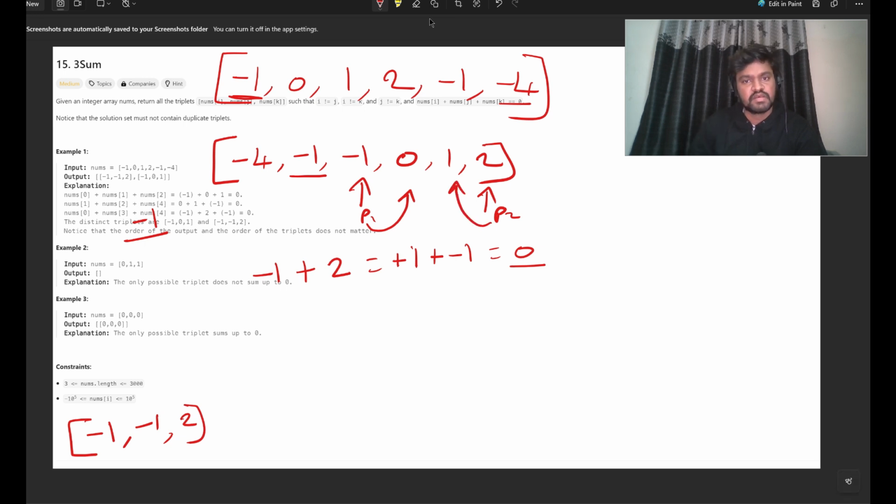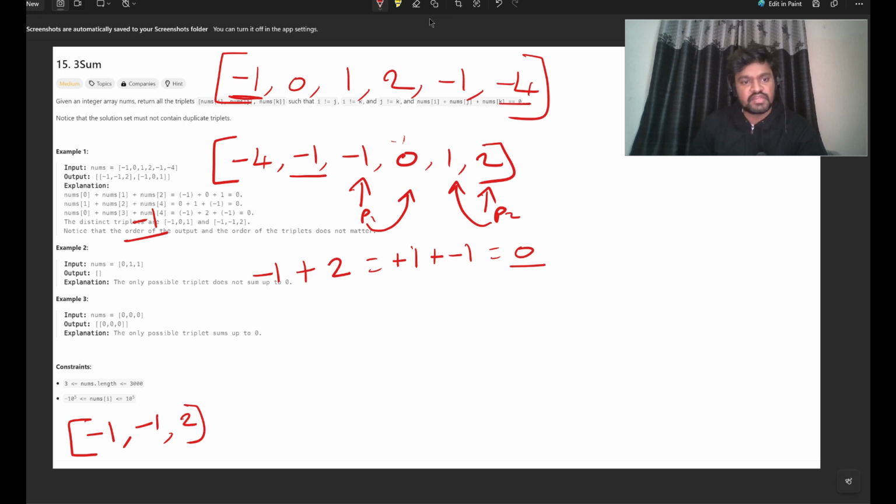Okay, because to stop the duplicates, to prevent the duplicates. For an example, here also there is one minus 1. Just consider that here there is one minus 1.